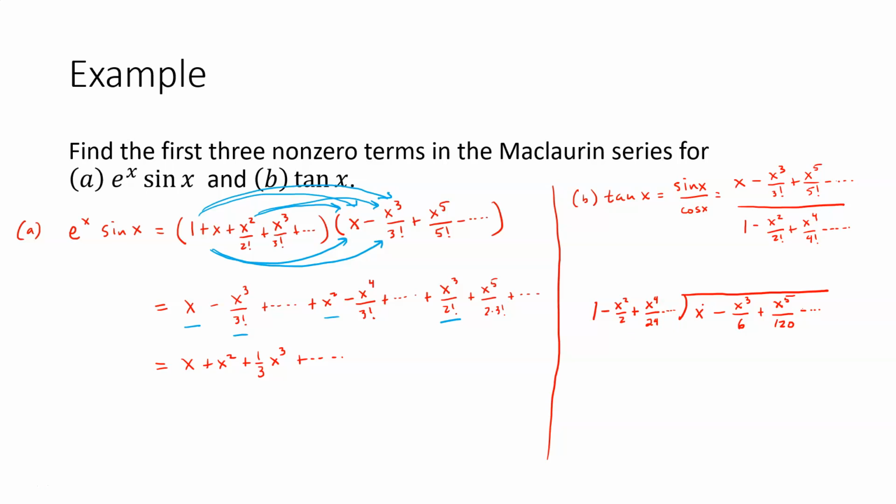So if I do long division here, I know that when I do x divided by 1, that'll be x.